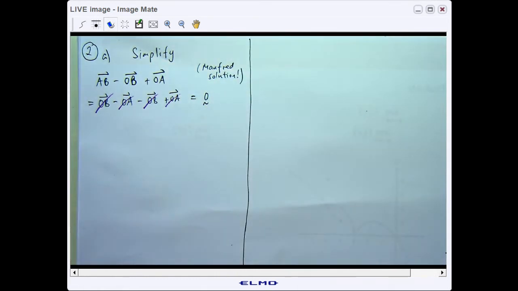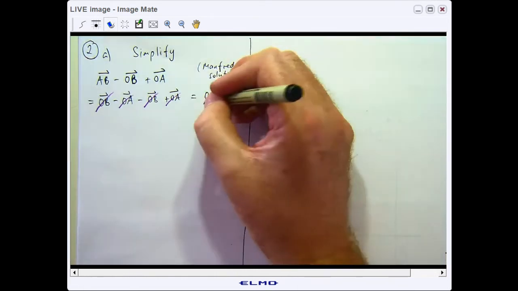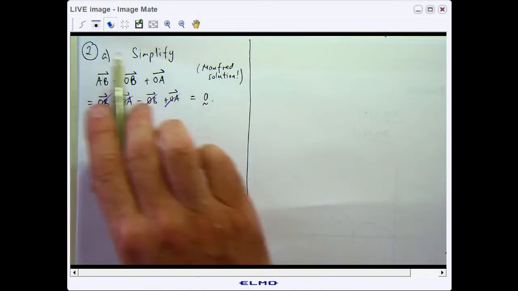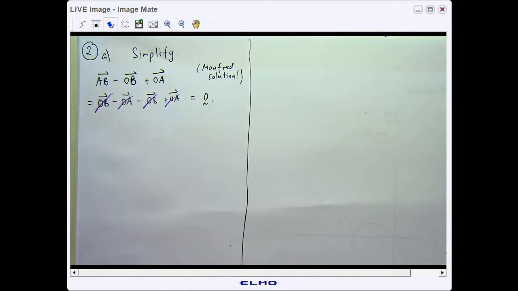Can anyone suggest another way of simplifying that expression? Let me know in the chat if you can think of another way to solve it.